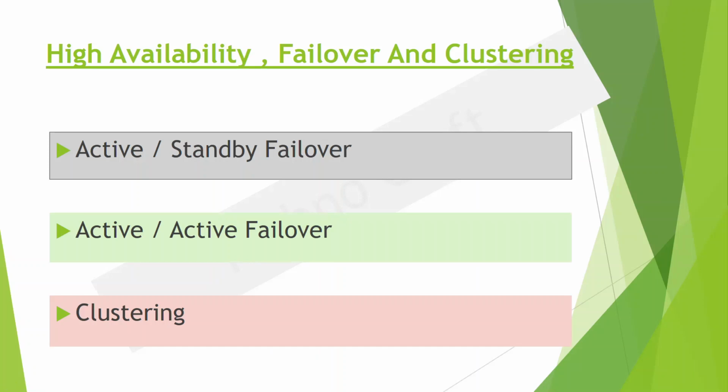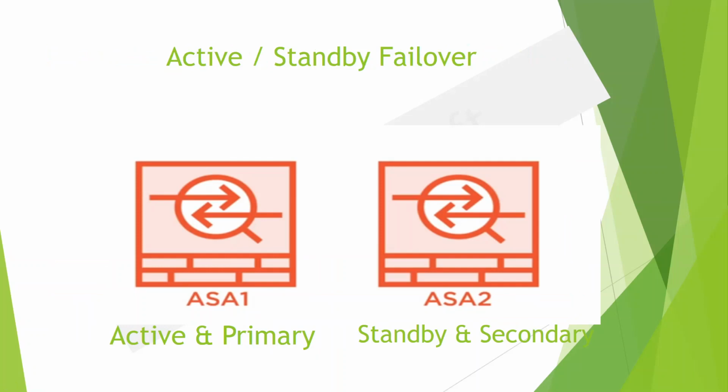Let's talk for a moment about active standby failover. Active standby failover is when we have two ASAs that are operating as a failover pair. We have ASA 1 here and ASA 2, and we are going to synchronize their configuration with the primary device, the device that is operating in active mode.